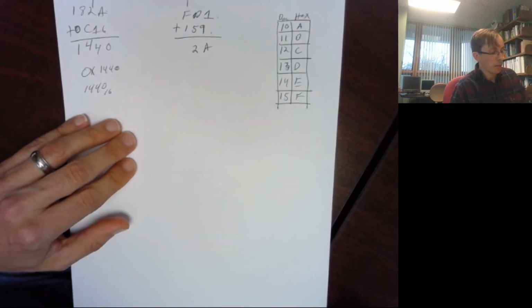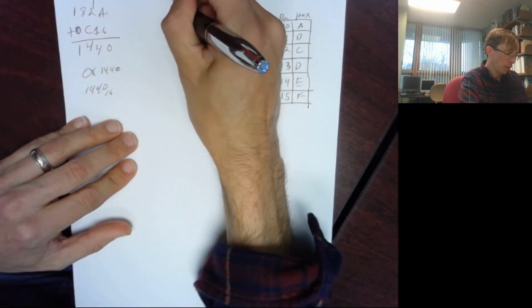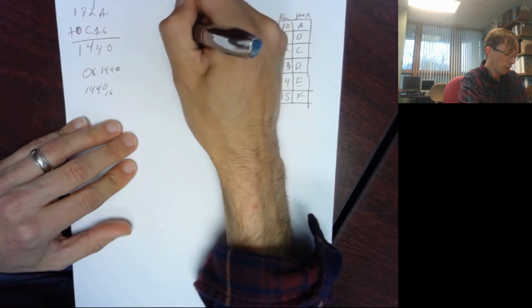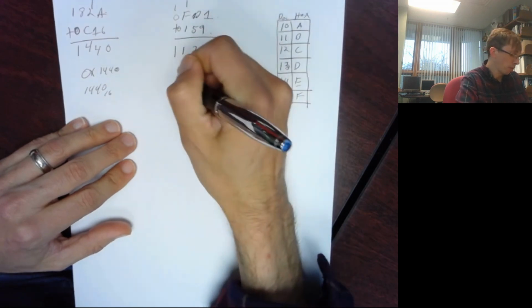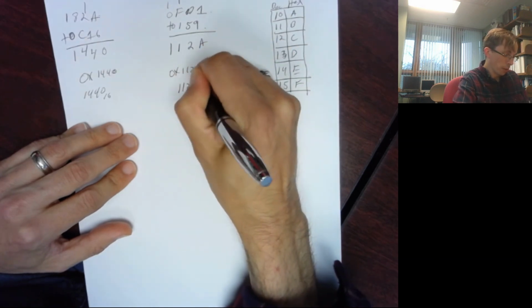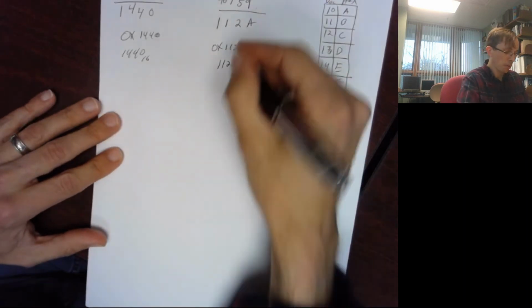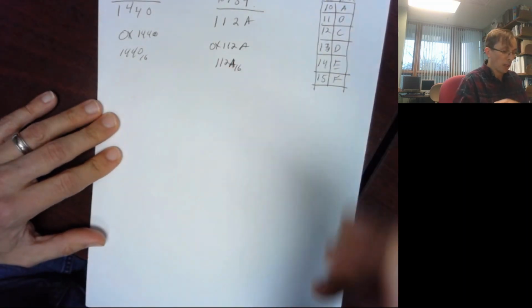Then we have F plus 1, which is 10, plus 1 is 11. And then we carry 1 over into our next column of zeros, right? So we get 1, so 0x112A or 112A base 16, subscript 16, or sub 16, however you want to say it.